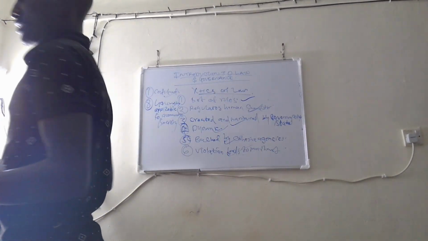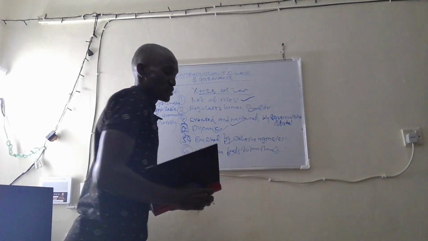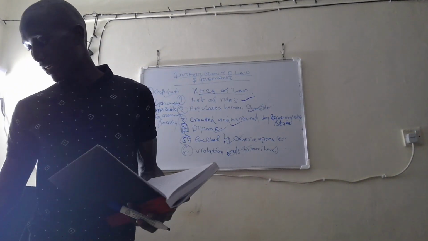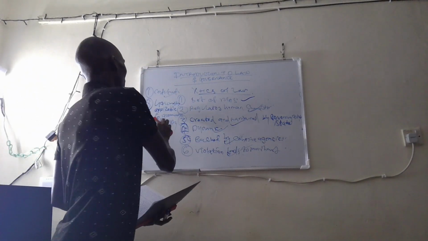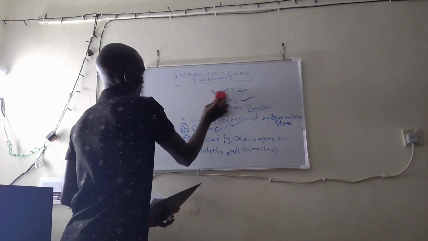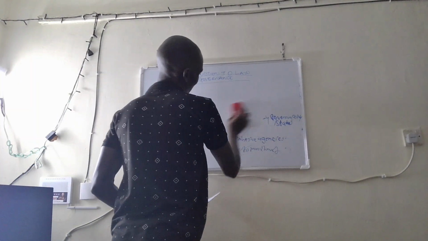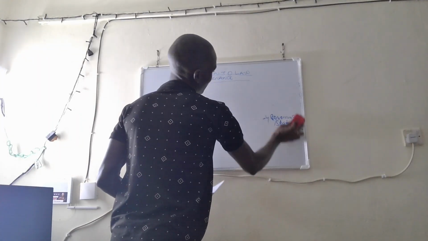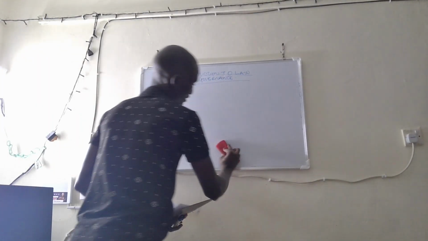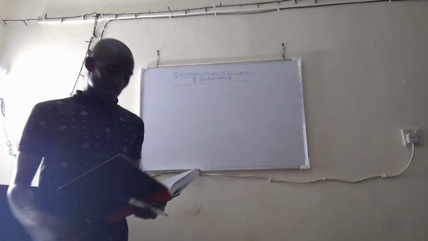The next thing, now we are going to define law. Using all those characteristics, we can now define what law is. And law is a set of rules. Characteristic number one. That's the first sentence in the definition of law.